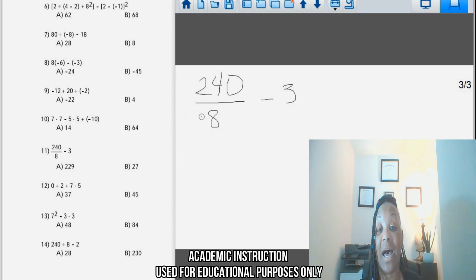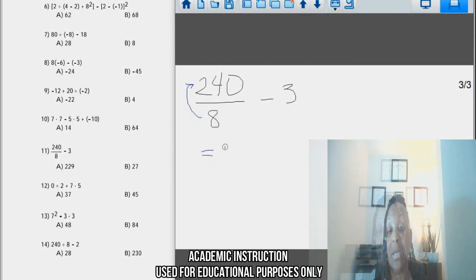So we're going to divide 8 into 240, and that's going to give us 30. And then we have minus 3, and our answer is going to be 27, which in this case will be option B.